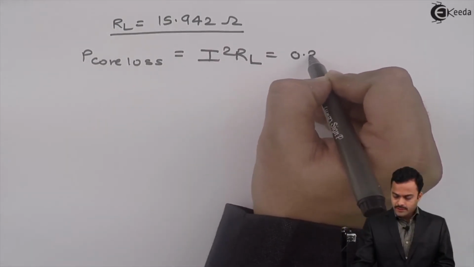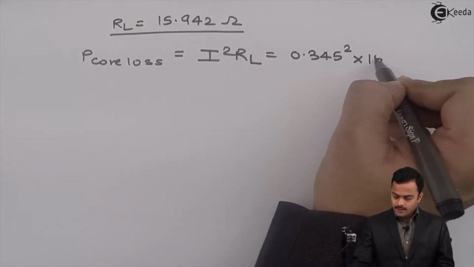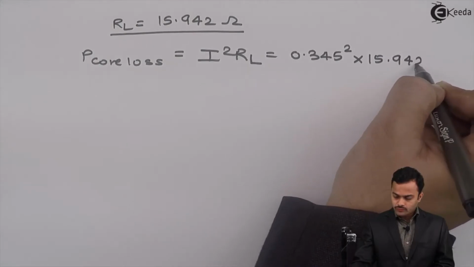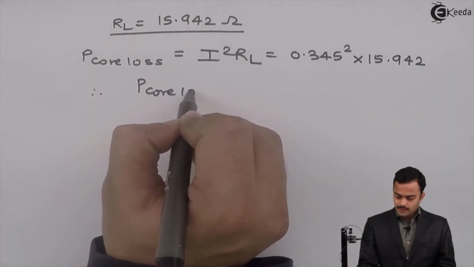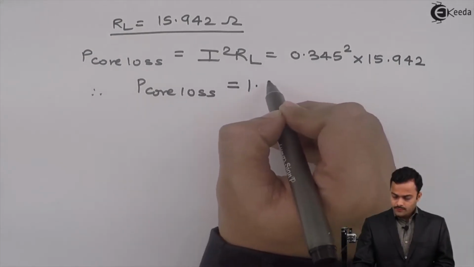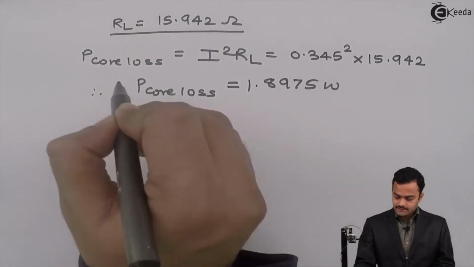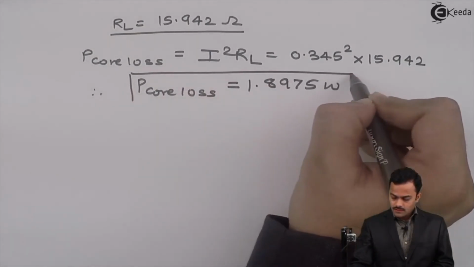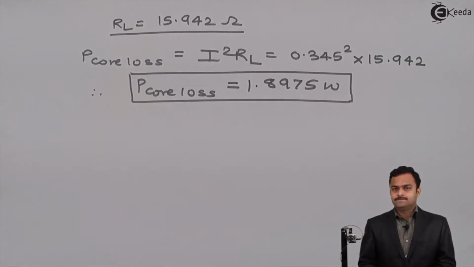So it's 0.345 square multiplied by 15.942. So core loss happening in the inductor equal to 1.8975 watt. One more unknown we have found out now.